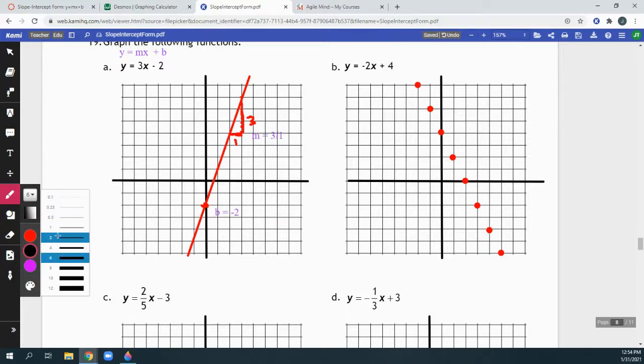I'm going to change this to a 2. Really quickly draw in that graph. Boom. So here we have b equals 4. I should probably use it as lowercase b. B is always lowercase.